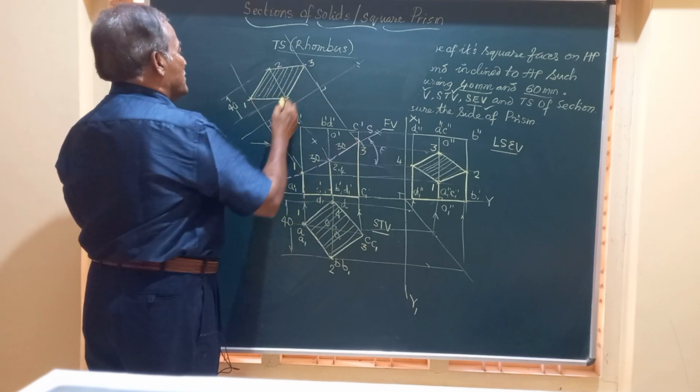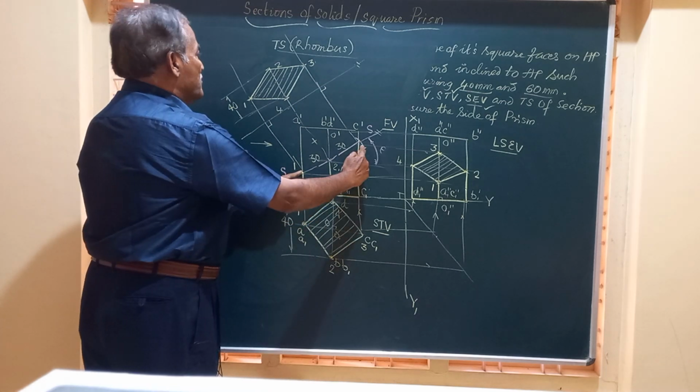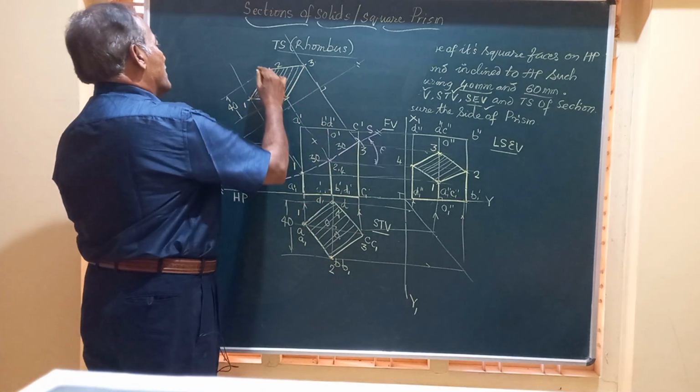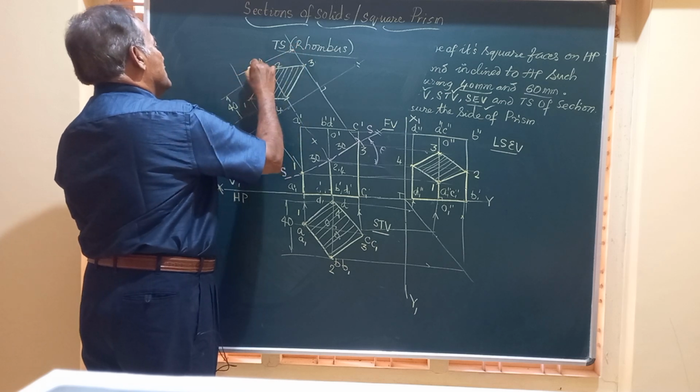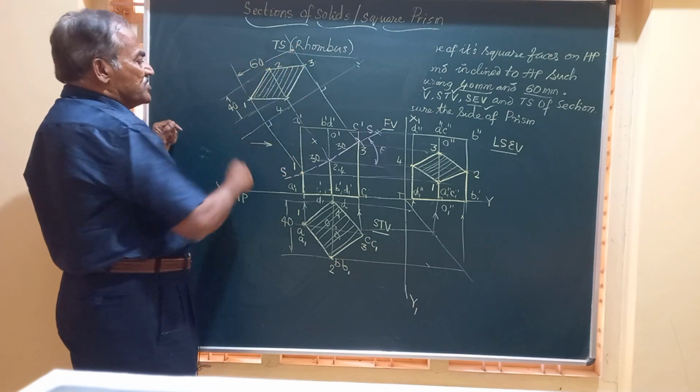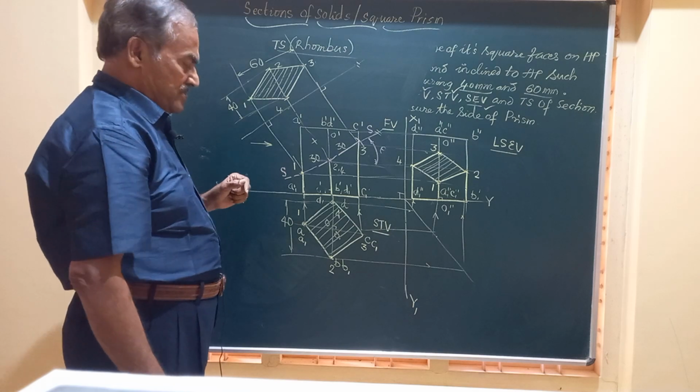So if you join that, 1 to 3 is 1 to 3. They are parallel and they are the same dimension, that is 60. 30 plus 30 is 60. Friends, this will give you the true shape of this section.